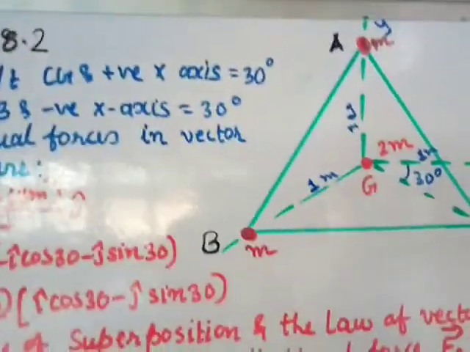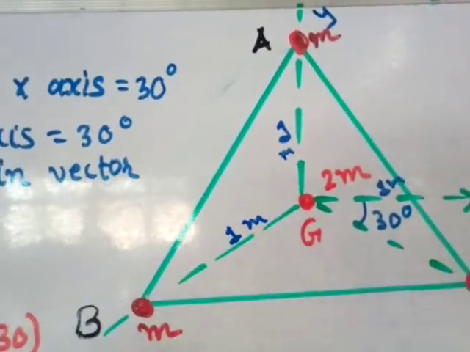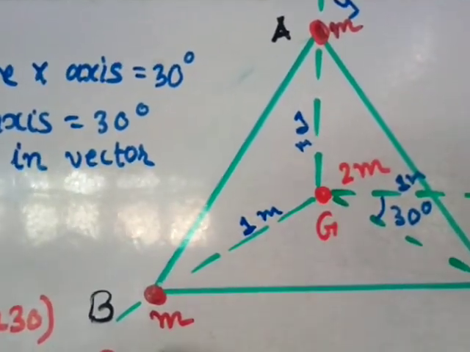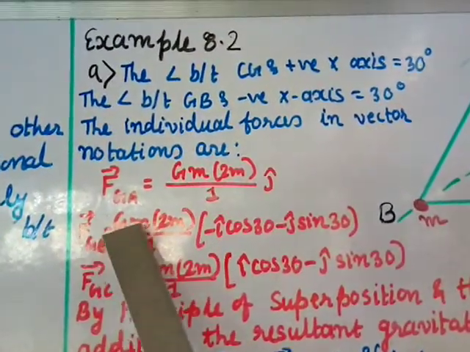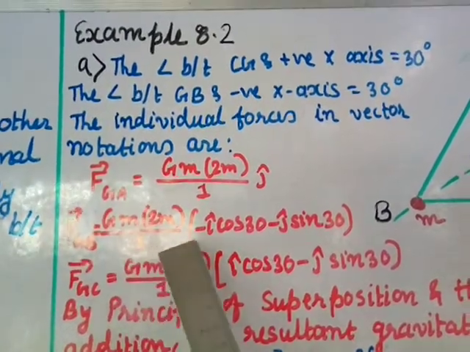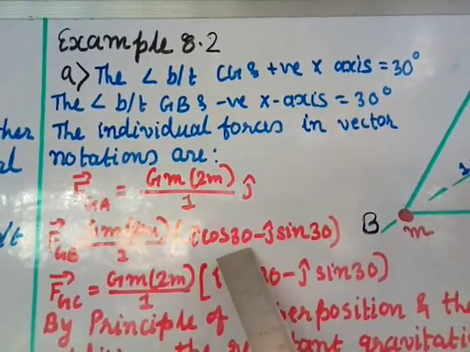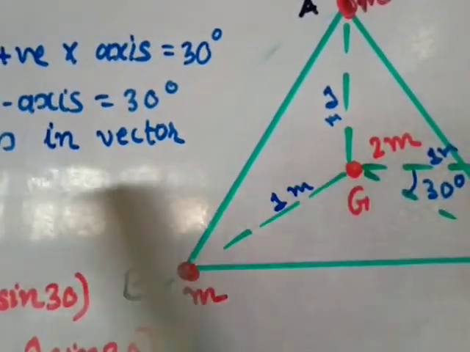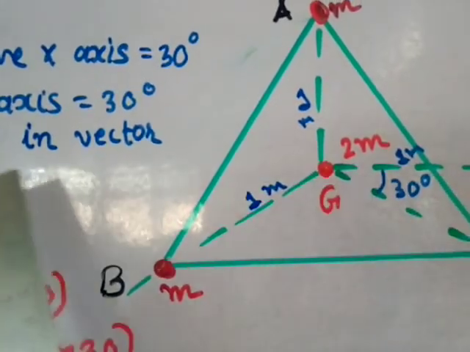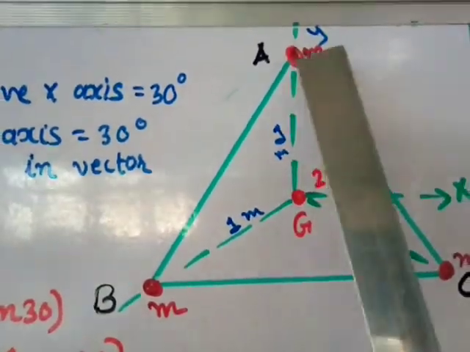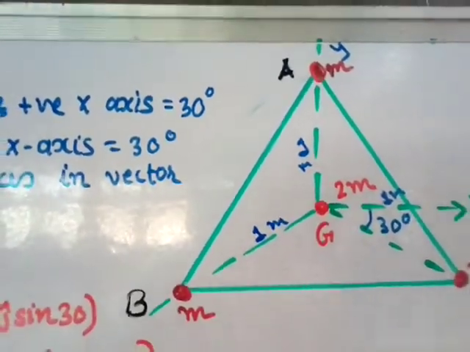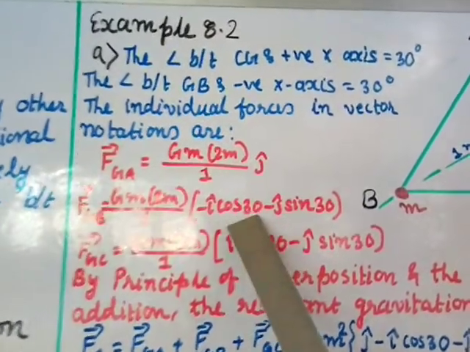Now next is GB. The force between these two particles, G and B, with masses 2m and m, so m1 and m2, and the distance is 1. So F_GB equals G m 2m divided by 1 squared, which is 1, and the direction will be minus i cap cos 30 minus j cap sin 30. If you complete the x-axis and y-axis towards this side and this side and take the components on the x-axis and y-axis, it is written as minus i cos 30, because the angle is 30.